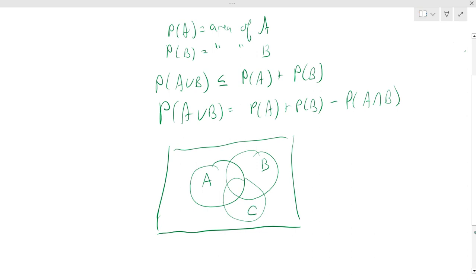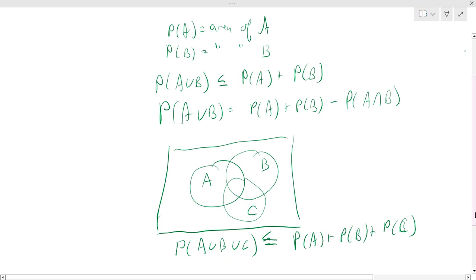So I'm going to have the probability of A union B union C. Here I have the probability of A plus probability of B plus probability of C. Certainly that's not equal. That's going to be less than or equal to this. It's only going to be equal if there's no intersection between them.